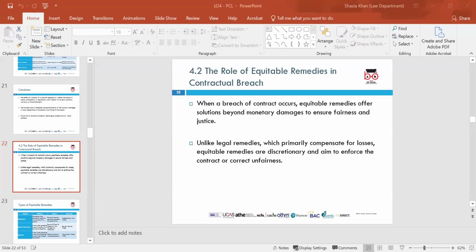Unlike common law damages, which aim to compensate for losses, equitable remedies can actively enforce the terms of a contract by requiring specific actions from the breaching party. So these need to be taken into account.